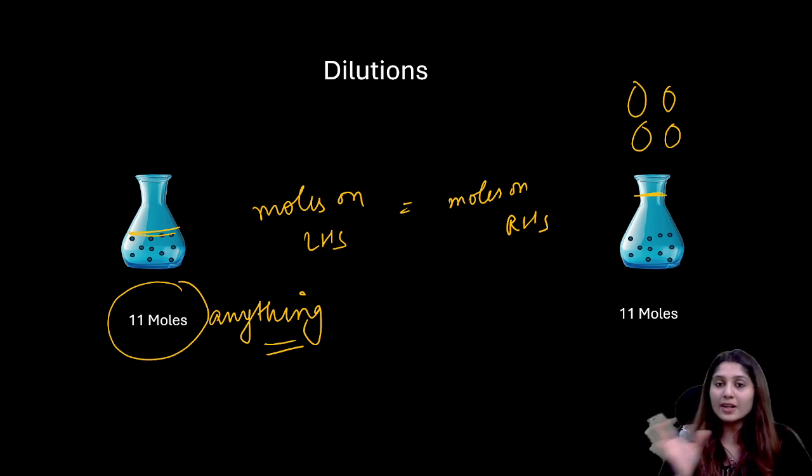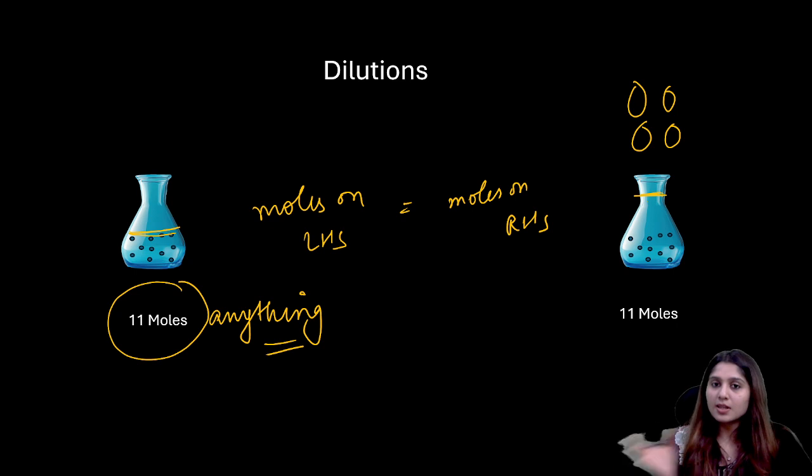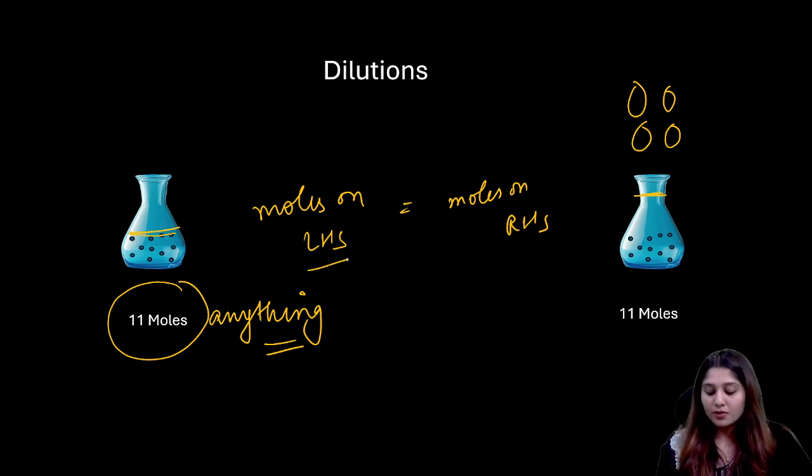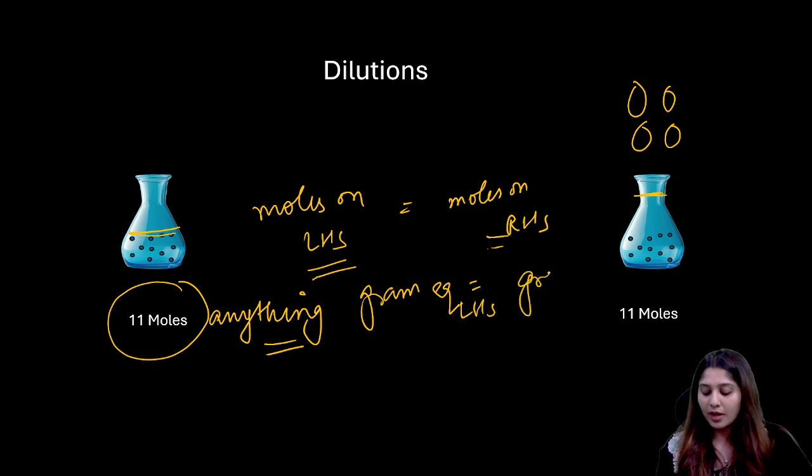The component A will not change, okay. So of course the gram equivalence will also be the same. The gram equivalence on the LHS should be equal to gram equivalence on the right hand side. That is done, okay. And we know the formula for moles and the formula for gram equivalence.